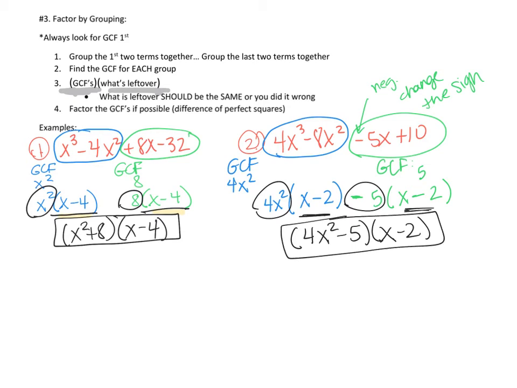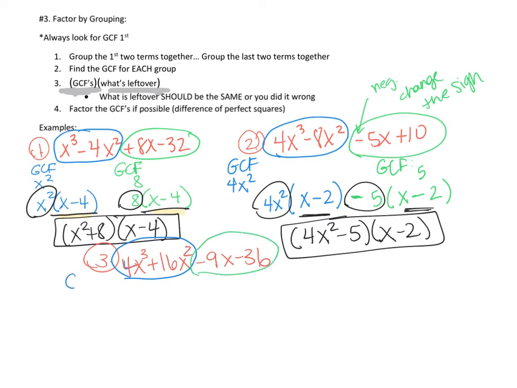Okay. I want to look at one more just so we can see. Sometimes there's a little twist in this at the end. So let's look at one we've got: 4x to the third plus 16x squared minus 9x minus 36. I'm going to start off with the first group and then my second group.